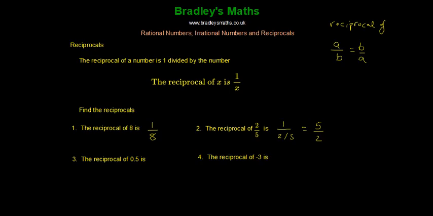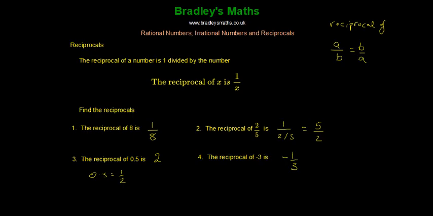The reciprocal of 0.5 is, well, 0.5 equals a half. So the reciprocal is 1 over a half, which is 2. And the reciprocal of -3 is negative 1 over 3. When you do the reciprocal of negative numbers, please do not lose the negative sign.